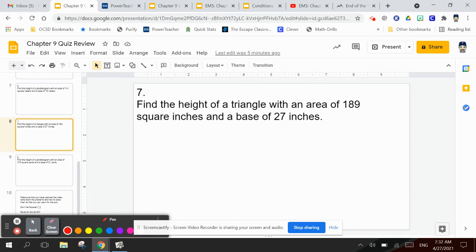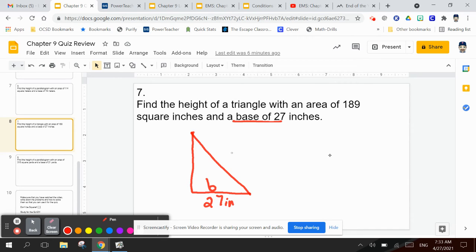Number 7, find the height of a triangle with the area of 189 square inches and a base of 27 inches. So again, I'm going to draw my triangle. Doesn't matter what it looks like. We have a base of 27, so again, my base is down below. That's 27 inches.